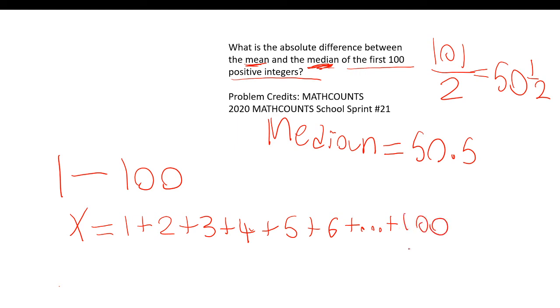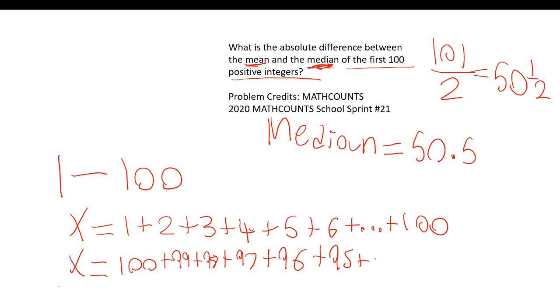Now let's rewrite this sum. It's still x, but this time we're going to say 100 plus 99 plus 98 plus 97 plus 96 plus 95 plus 94, and this goes on and on until we go back to 1.